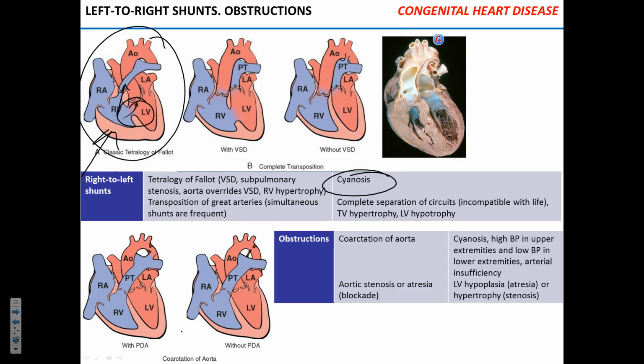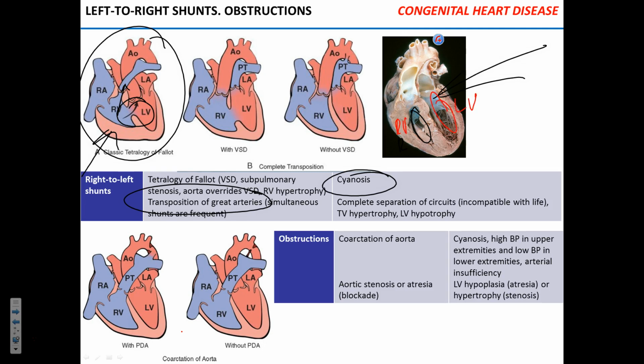And probably the most fascinating, I understand it's really horrible to say this, but for me it's just absolutely fascinating. The mistake that happens during development is transposition of the great arteries. Look at this. This is actually the real heart with transposed great arteries. So this is the right ventricle, right? Correct?